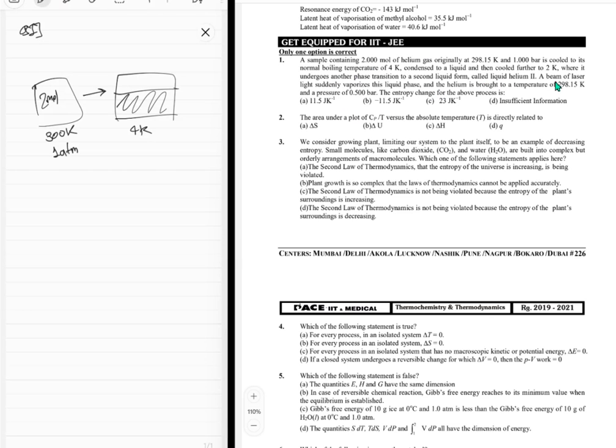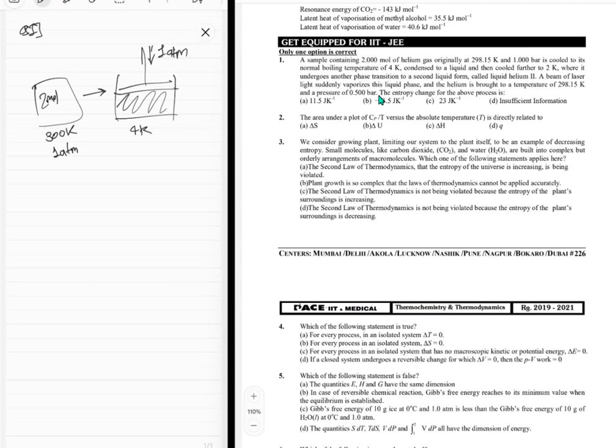No, so its pressure is still the same. Then it's condensed to a liquid at 4 Kelvin. If this was like a piston, this is still 1 atmosphere. Its pressure didn't change, it's 4 Kelvin, still 2 moles, cooled further to 2 Kelvin.